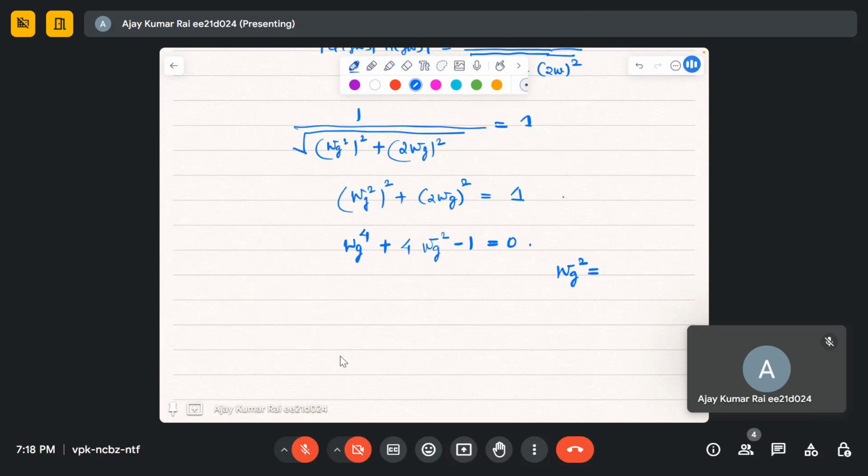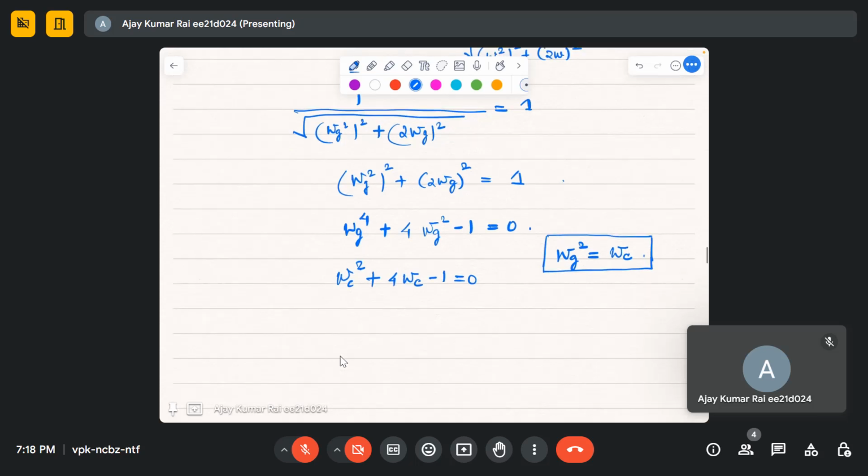Let me call this as some omega c. So this is omega c square plus 4 omega c minus 1 equal to 0. The substitution we have done, and omega c is positive, right? Because it's omega g square, and omega g also, it's a frequency, so positive value. Okay, so let's solve this.